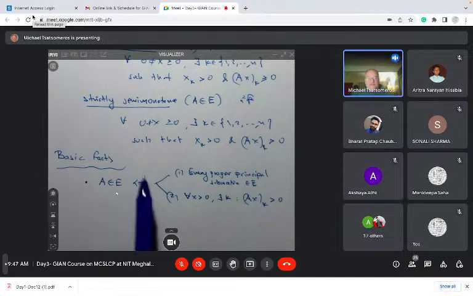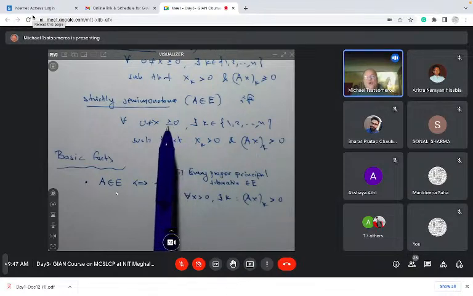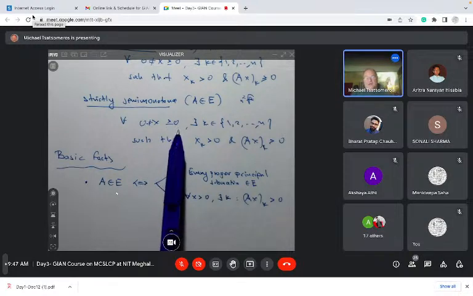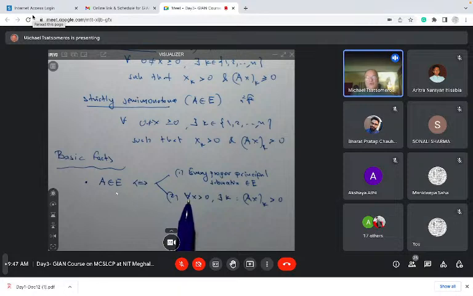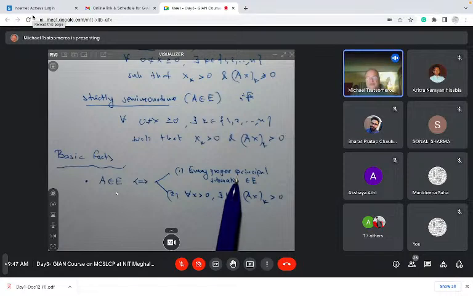Because in the definition of strict monotonicity, you wanted this to happen for all non-negative non-zero vectors, but you can relax this a little bit. I want only the positive vectors to have a positive entry in A times X. If you combine this with every proper principal submatrix being strictly semi-monotone, then that forces the whole matrix.